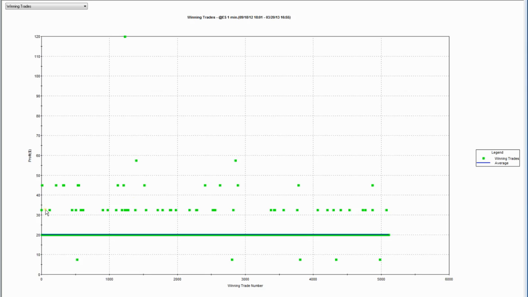There were a few that looks like they got 3 ticks, and some that got 4 ticks, and a few that got 5 ticks. But the average is very close to the 20. And you even had a few rare trades that were for 1 tick. My guess is those are trades that got timed out. They just happened to get timed out for a tick profit.